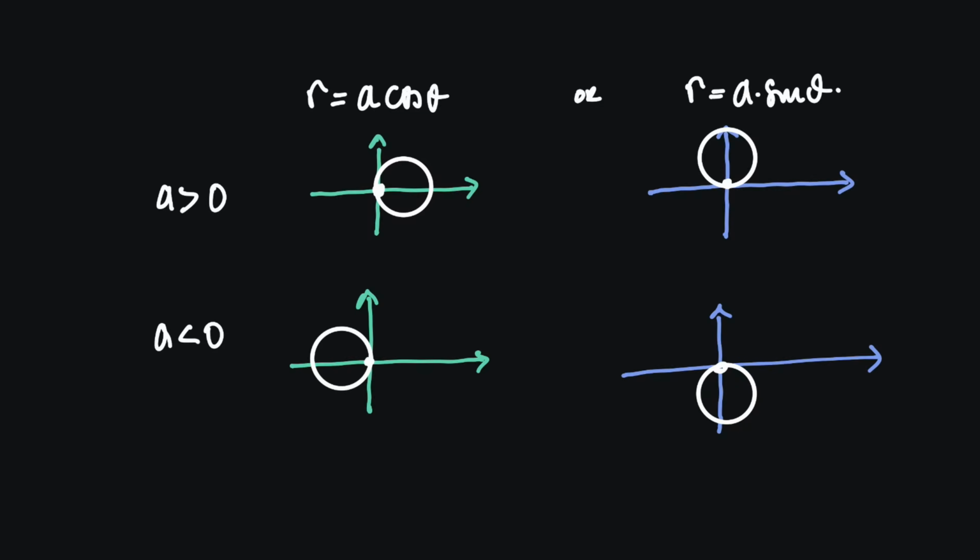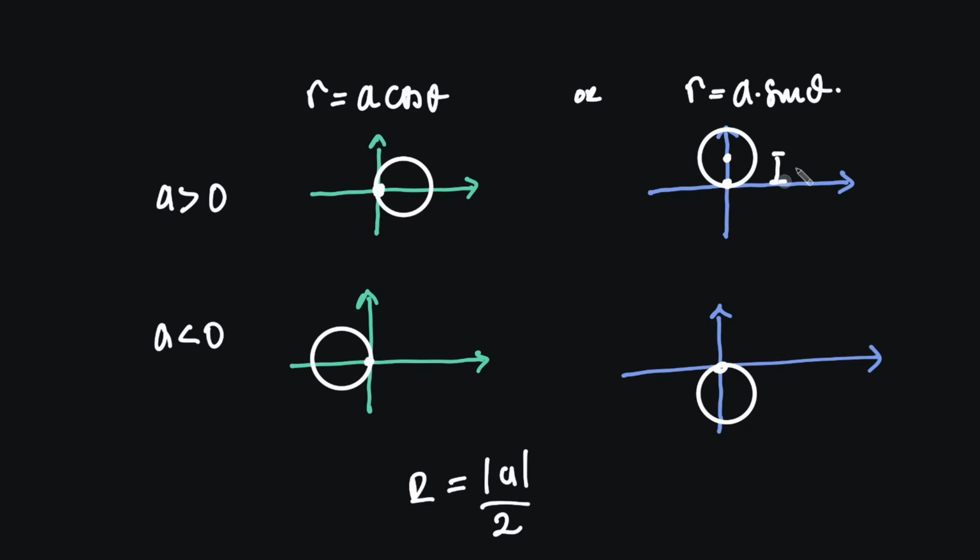Also, we're going to need a little bit of information. If you remember, circles have a radius. To find the radius, we take the absolute value of a, and this is for everything. So the radius is going to be equal to the absolute value of a divided by 2. That will be the radius. And we know that the center will be here, and the radius will be this piece.